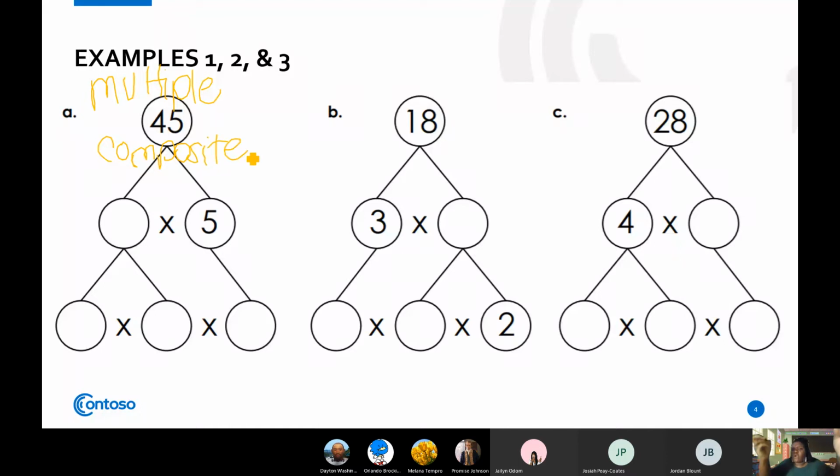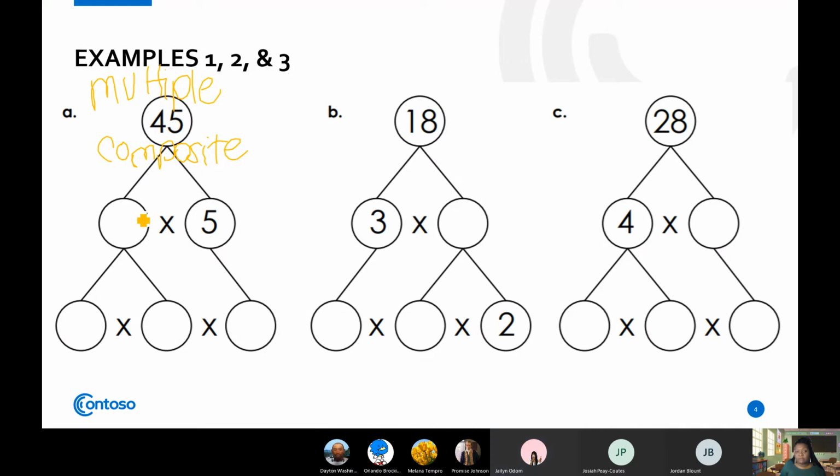So I want to make sure I wrote that in my notes around 45, just so we can understand how we're describing 45. So let's look at our first 2 factors. What will be the first number that goes in this bubble? A number times 5 equals 45.